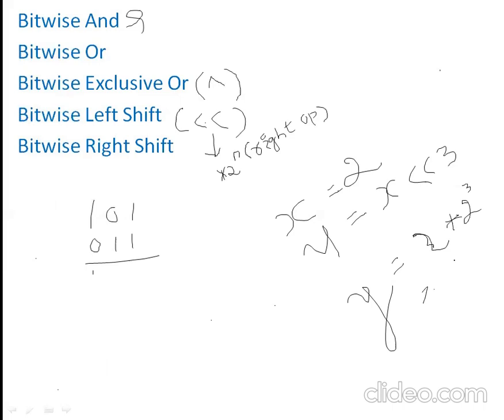When we get that double greater than sign, we can simply replace it with divide by 2 to the power n. Here again n is the right operand.